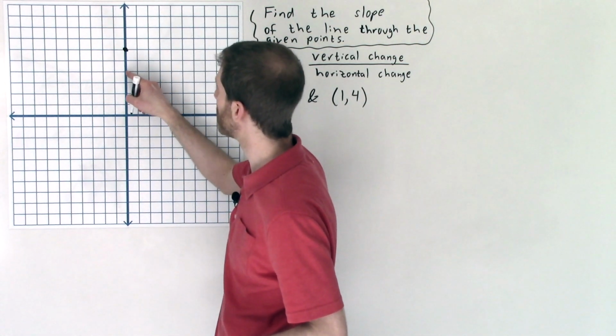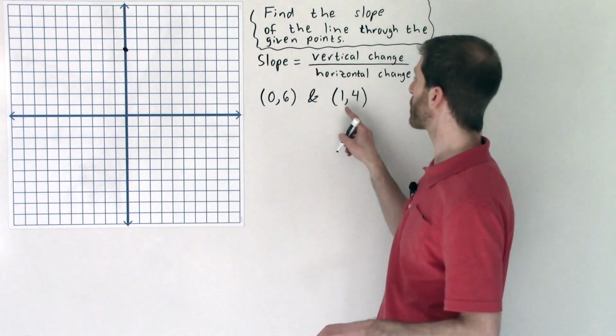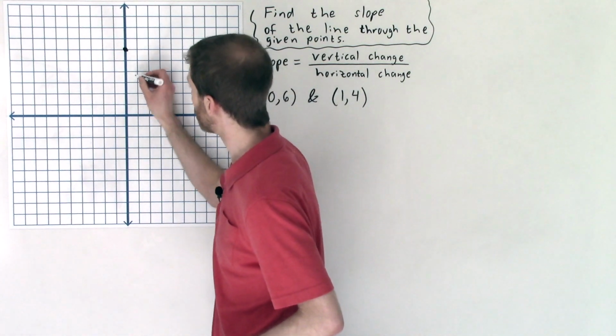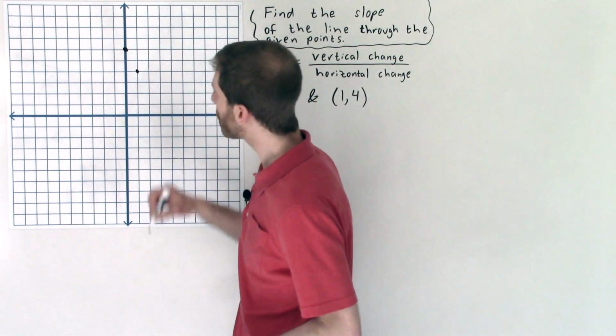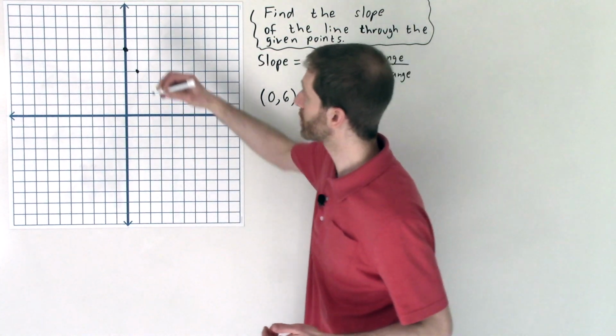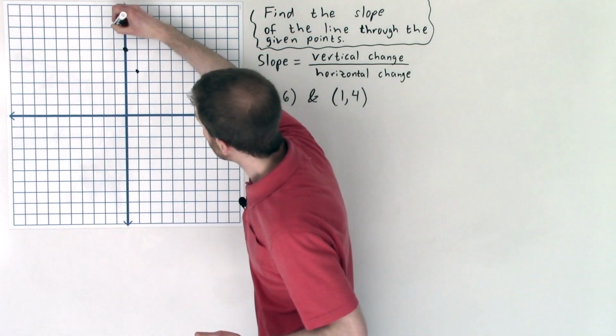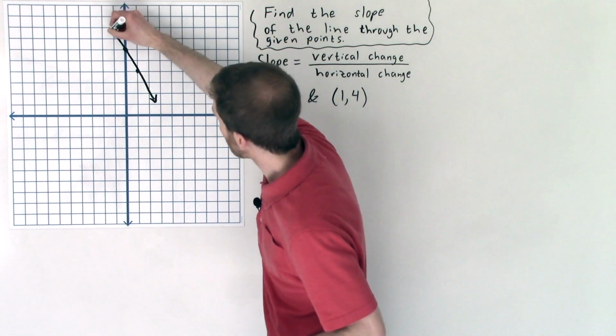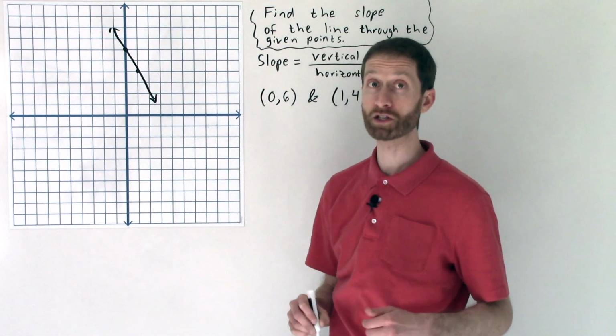Up 1, 2, 3, 4, 5, 6, and then the point (1, 4). Let's graph that now. That's over 1, up 1, 2, 3, 4. Perfect. You only need 2 points for a line, right? So there's going to be a line that goes through this, like so, and that line just kind of continues on. But what I'm concerned with is the slope between these 2 points.